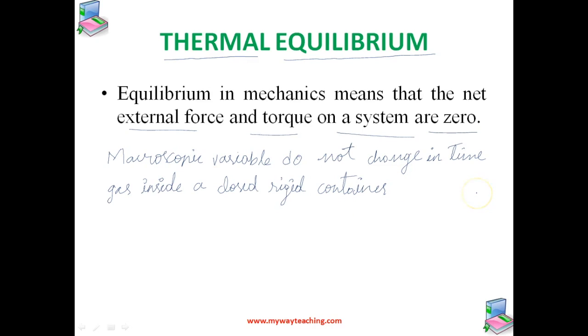That is the example. In that case, all the macroscopic values of the system do not change with time. In general, whether or not a system is in a state of equilibrium depends on the surroundings and the nature of the wall that separates the system from the surroundings.